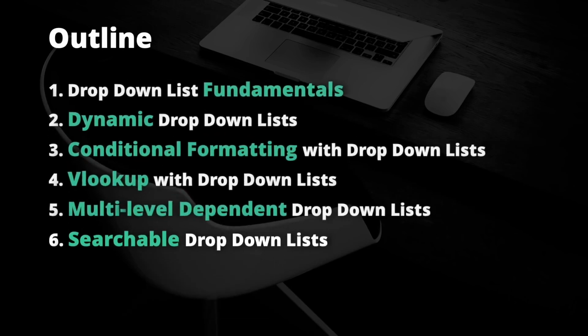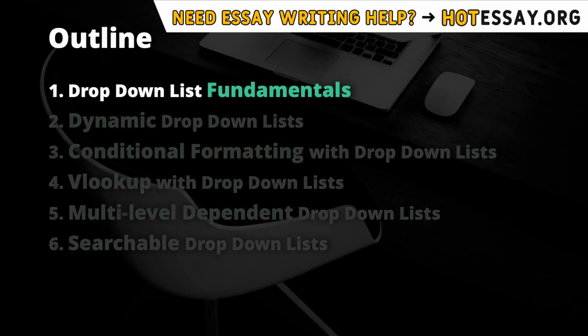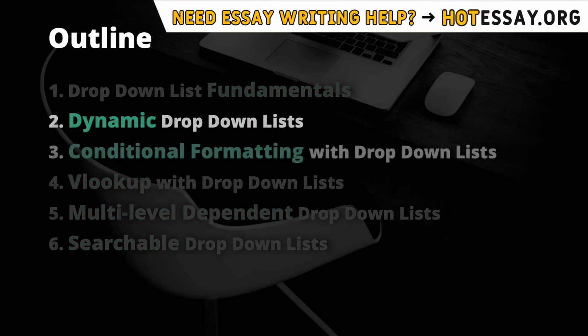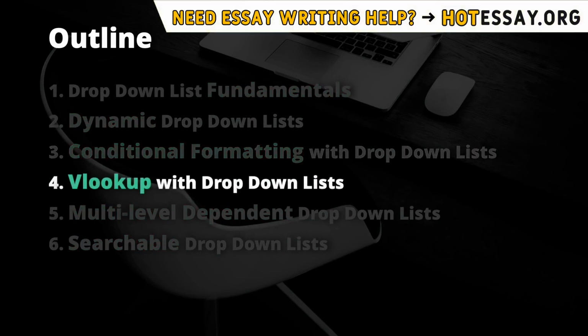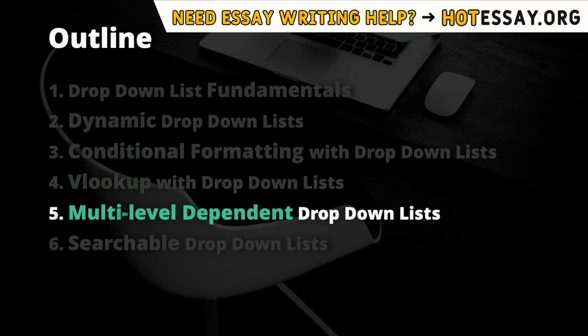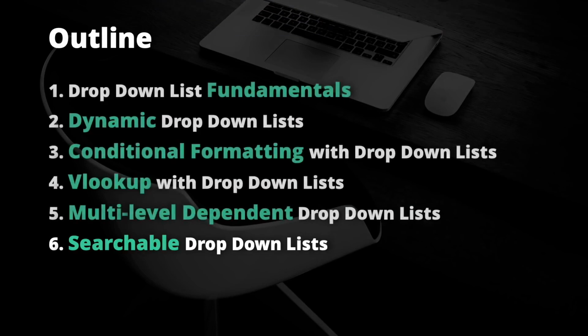So this masterclass will hopefully add a totally new dimension to your Excel skill set and expand the possibilities of what you can do whenever you work with data in Excel.